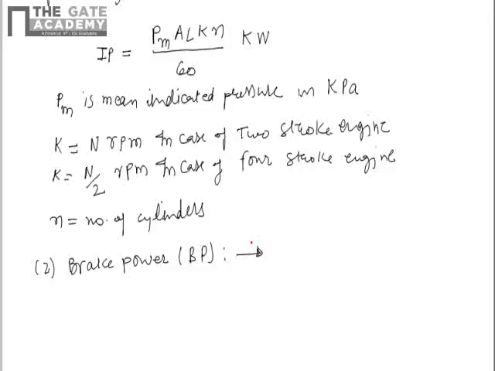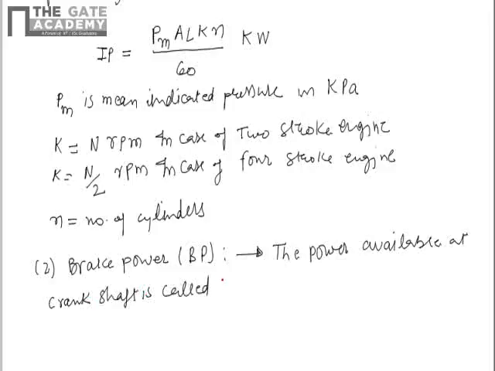The power available at the crankshaft is called brake power. Whenever a problem mentions power without saying whether it is indicated or brake power, by default it is brake power because this power is available at the crankshaft.